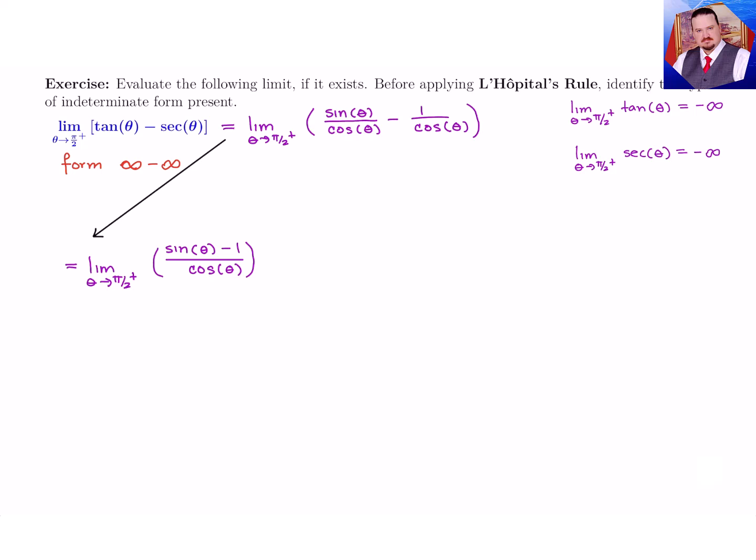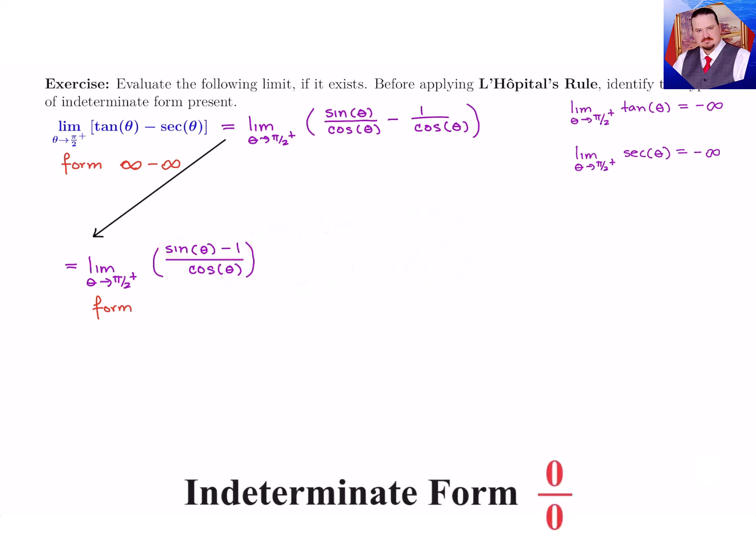Okay, so now what do we have in this rewritten form? Once we rewrite it, you're now honor bound to analyze the form. So here the numerator is going where? Sine of theta is 1, so this is 1 minus 1, which is 0. The denominator, looking at it separately, the cosine of pi halves is 0. So what form do we have? 0 over 0 form.